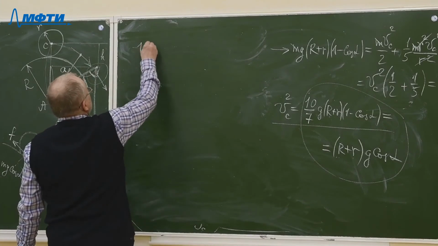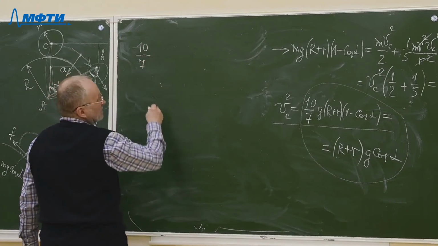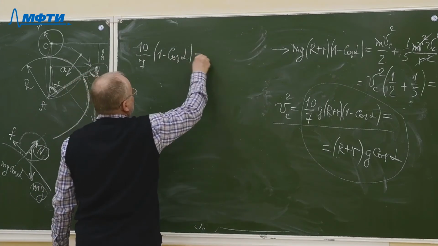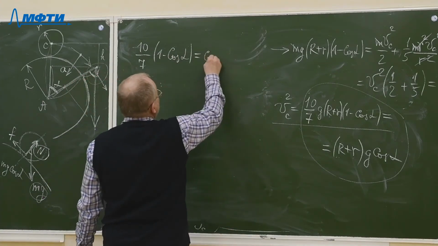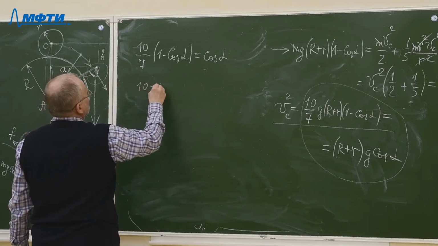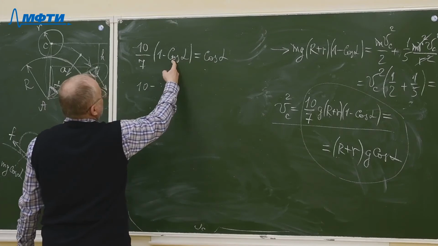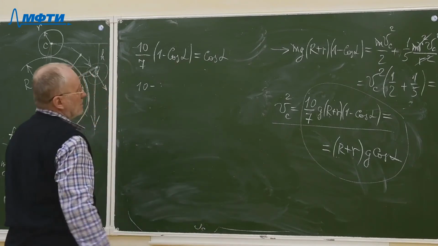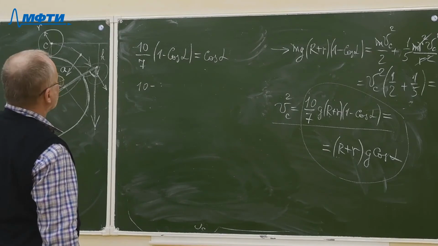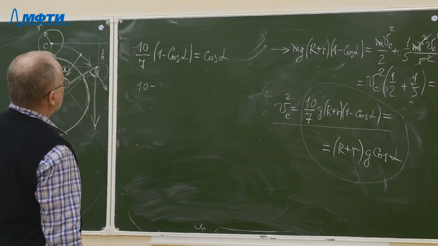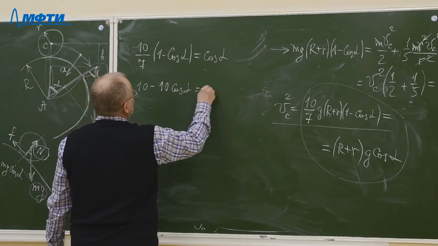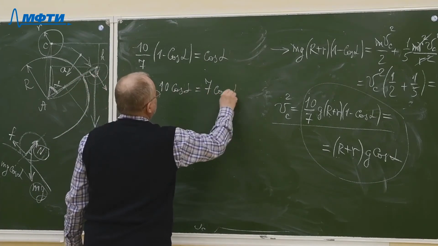That is 10 divided by 7, times 1 minus cosine alpha, equal to cosine alpha. From here we obtain 10 minus 10 cosine alpha equals 7 cosine alpha.